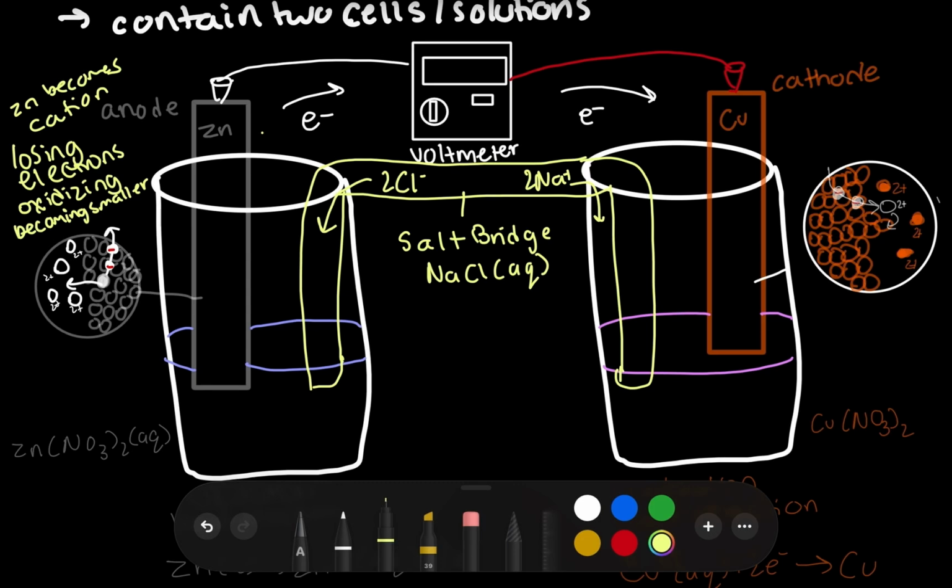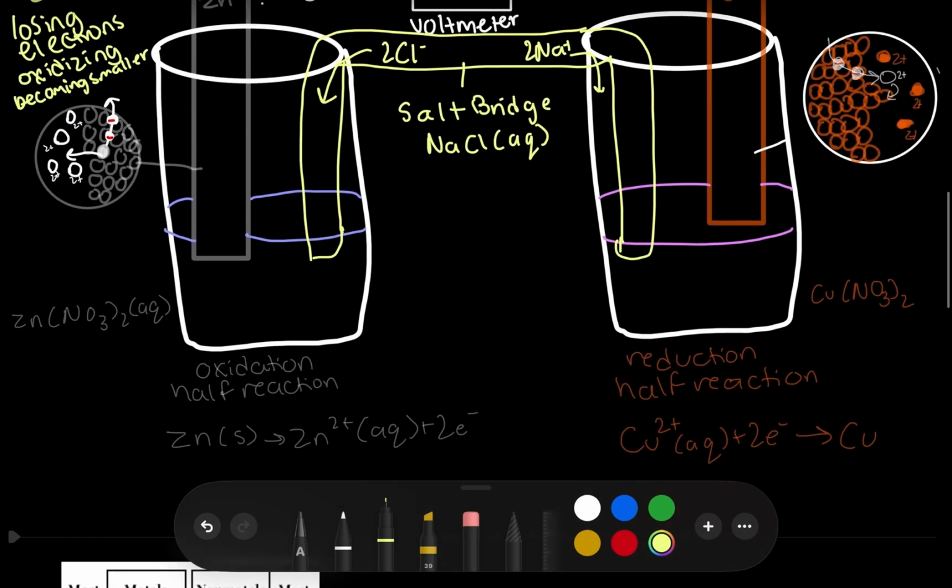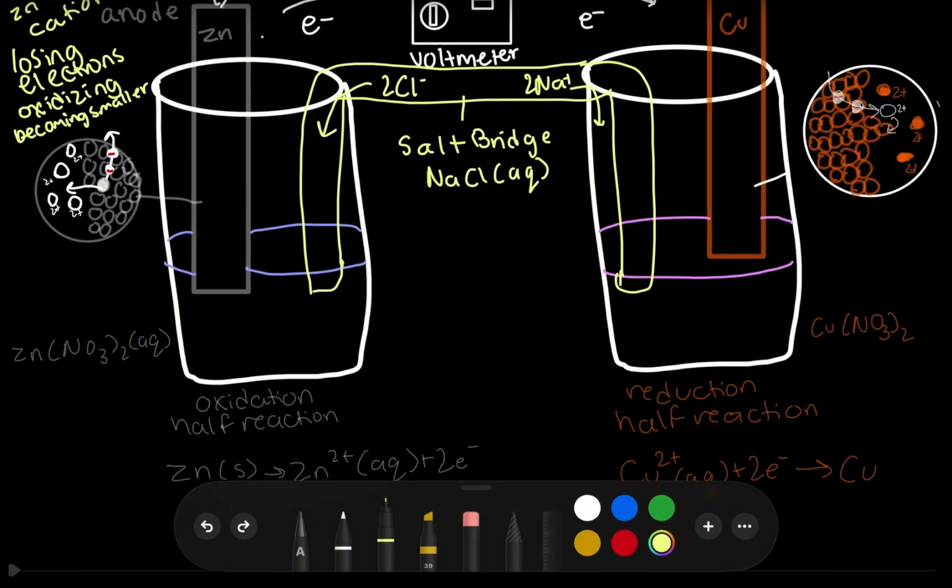So we can see that here in the little equation that's here. The oxidation half reaction. We see that we're adding electrons, however, it's in the product side. And whenever you're adding electrons on the product side, it means that you're losing electrons. And we can also see that Zn is becoming 2+. And we can see that in the little bubble again. We see these 2+ ions.